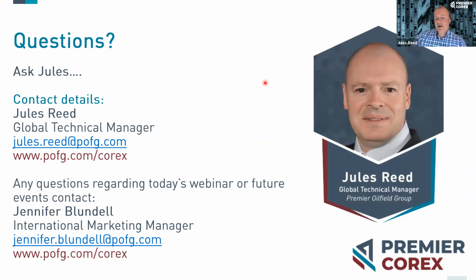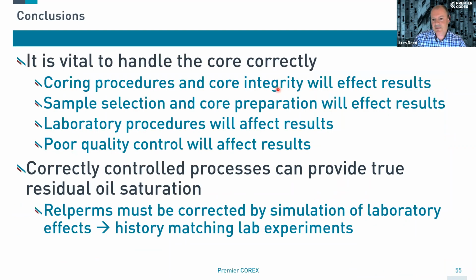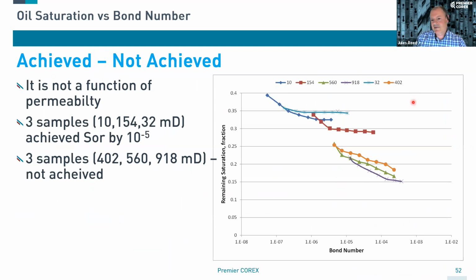If I just go back to this one here, probably if they were water wet, they've got high residuals. So that's going to be a high residual in the reservoir for these rock types as well, probably because of wetting. And if you remember that wetting curve, water wet tends to have high residuals.